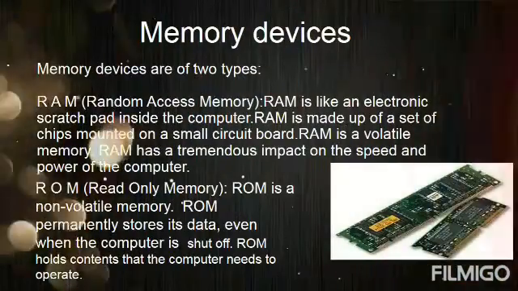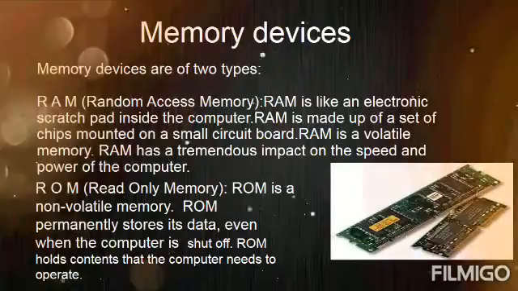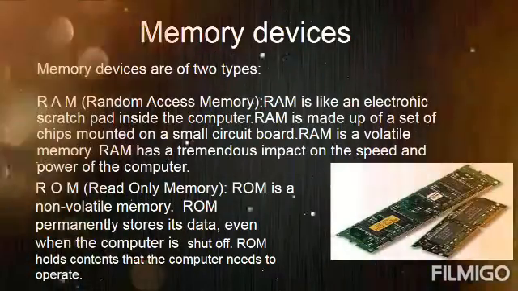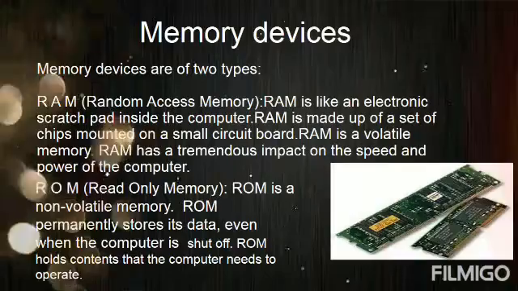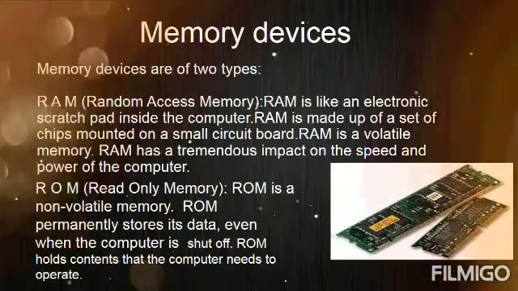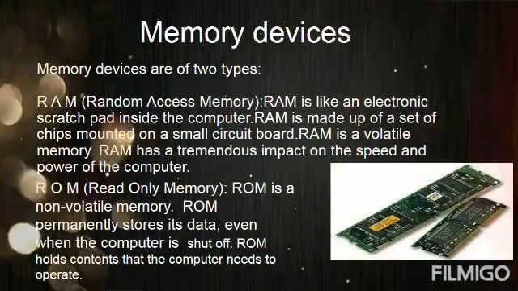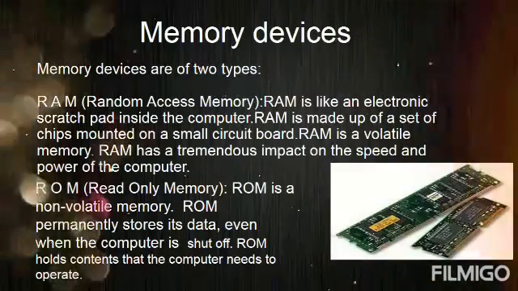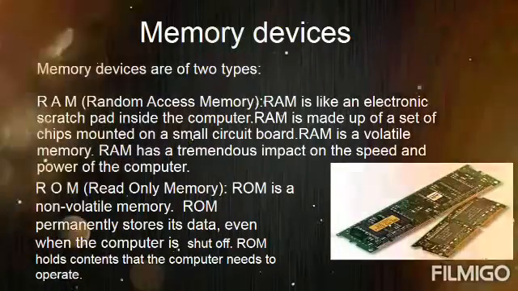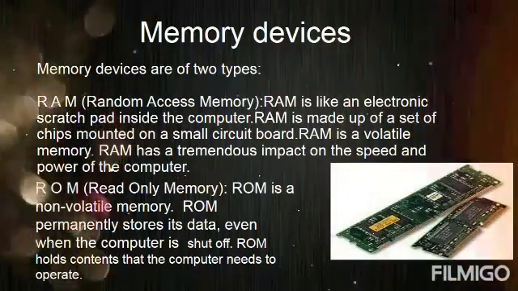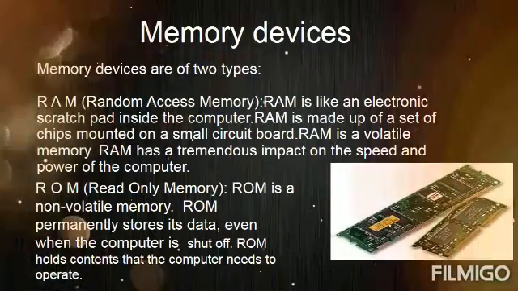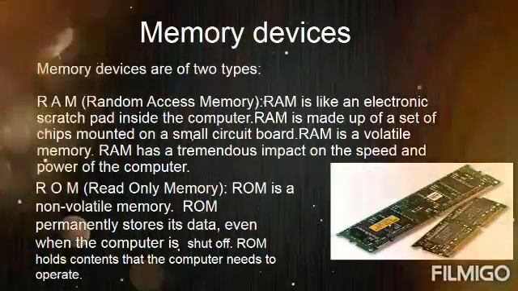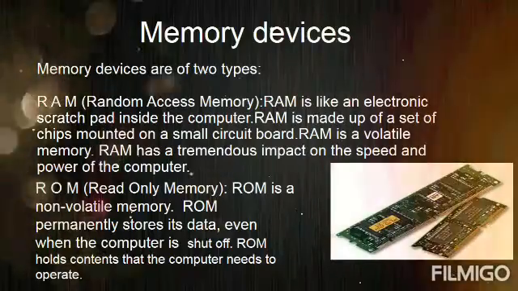Moving towards the memory devices, the computer has a large storage capacity. The storage capacity of the computer is called its memory. Memory enables the computer to store data and instructions, and here you can see that the computer has two main types of memory. The first one is RAM, random access memory, or primary memory.